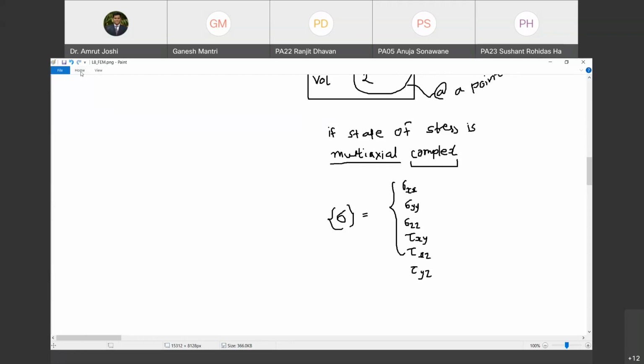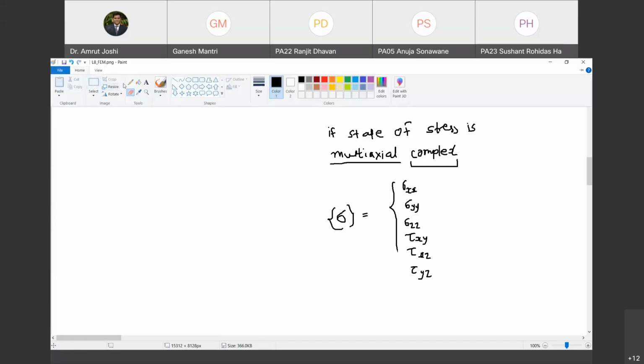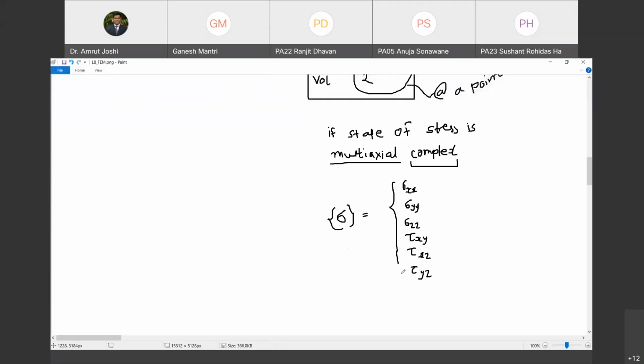Are you with me? Yes, sir. We follow this sequence for the time being. Happy? Yes, sir. And you know that tau xy and tau yx are the same, tau xz and tau zx are the same, and tau yz and tau zy are the same in magnitude and reverse in sign. Are you with me? Yes, sir.